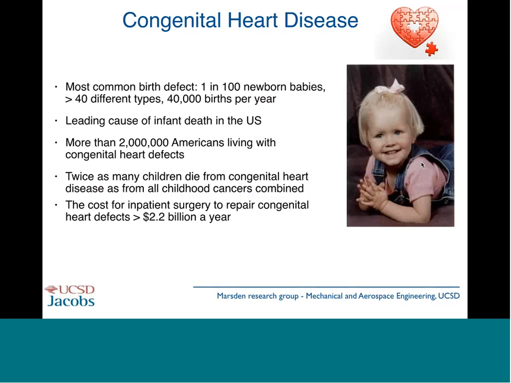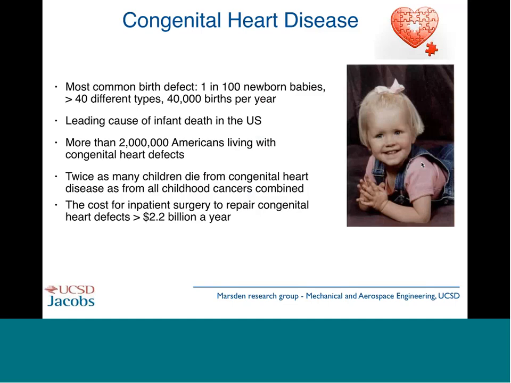I wanted to start by giving a little bit of background on congenital heart disease. It's something that we maybe don't hear as much about as we possibly should, but it's actually the most common birth defect, affecting about 1 in 100 newborn babies.